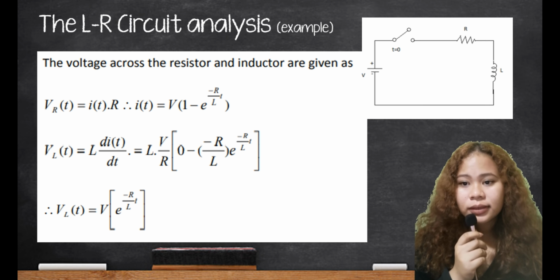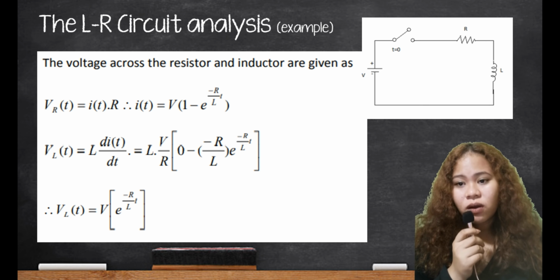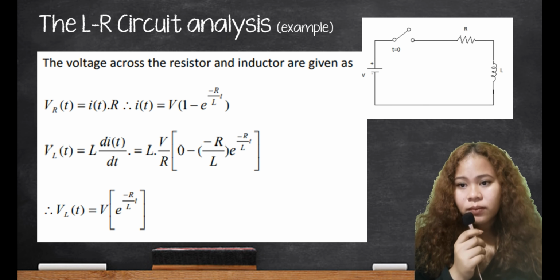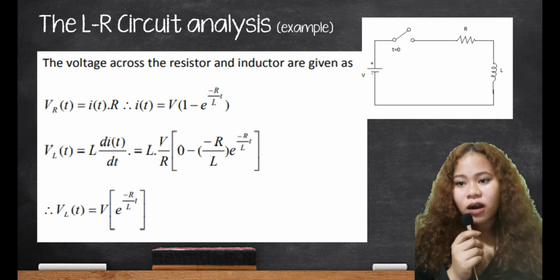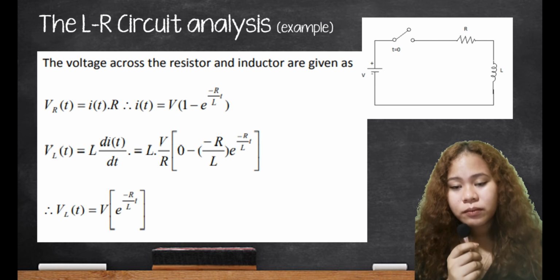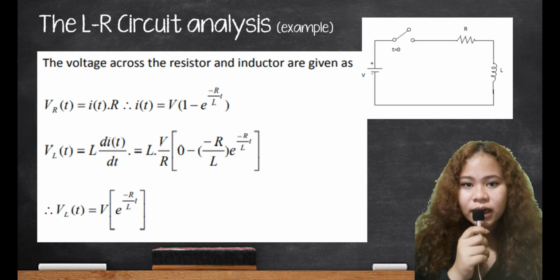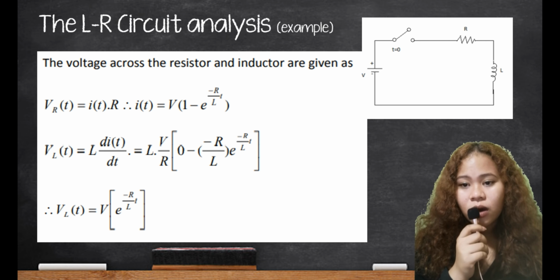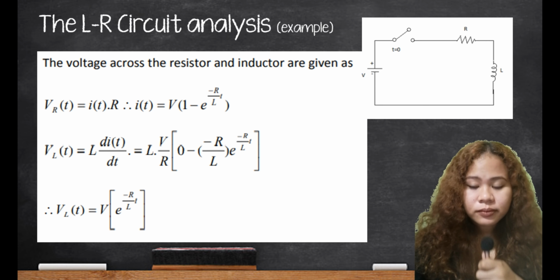Now, V_L(t) is equal to L times di(t) over dt, which is equal to L times V over R times quantity 0 minus quantity negative R over L times e to the power of negative R over L times t. Therefore, V_L(t) is equal to V times e to the power of negative R over L times t.